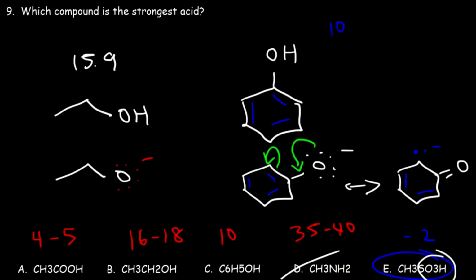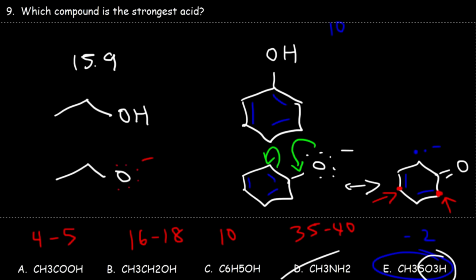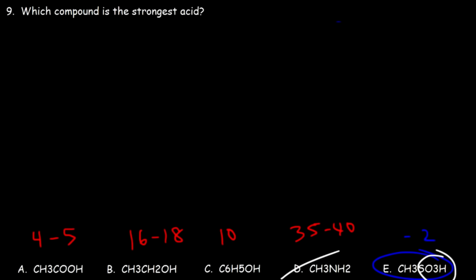The negative charge can jump every 2 carbon atoms, so it can move to these other positions indicated in red. So that's why phenol is more acidic than ethanol. It's due to the resonance stabilization of the conjugate base. So we can eliminate answer choice B, since C is more acidic than B.